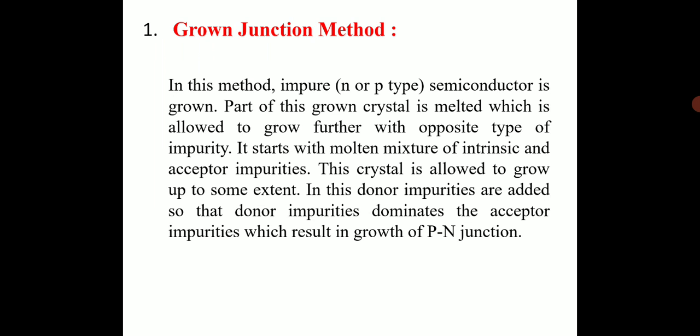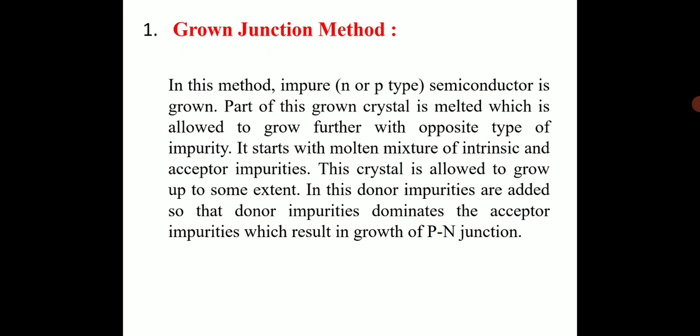A junction produced by changing the types and amounts of donor and acceptor impurities that are added during the growth of a semiconductor crystal from a melt is known as a grown junction. What is meant by a grown junction?